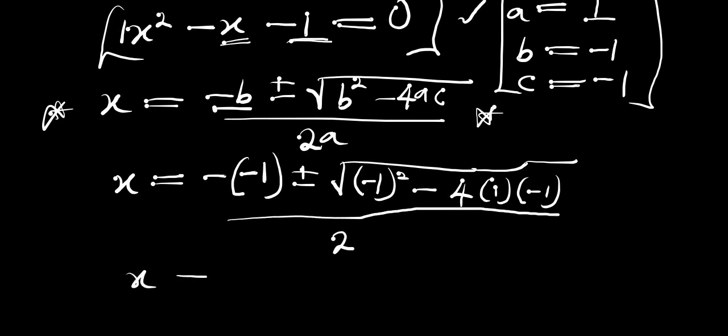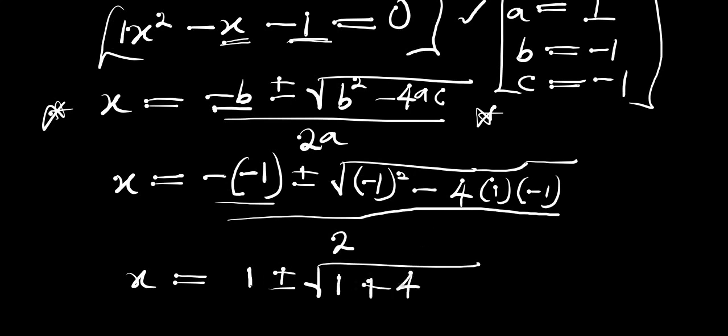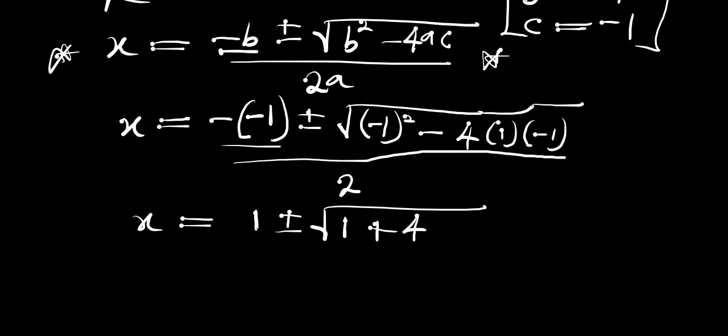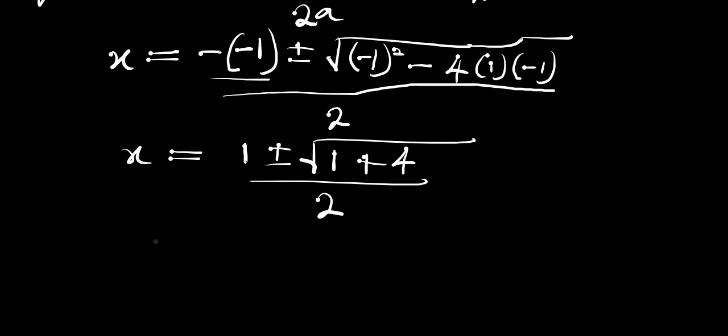So we have x equals, this will give us 1, plus or minus square root of, this will give us 1 as well, and this will give us positive 4. So we have this, and everything here is divided by 2. So let's proceed. That means we are going to have x equals 1 plus or minus root of 5, divided by 2.